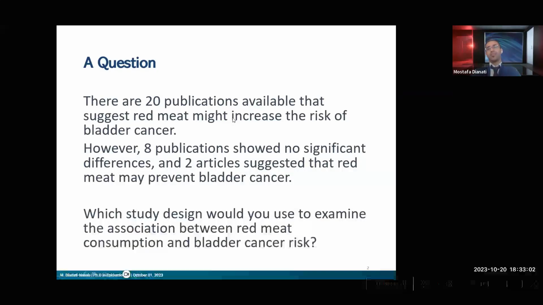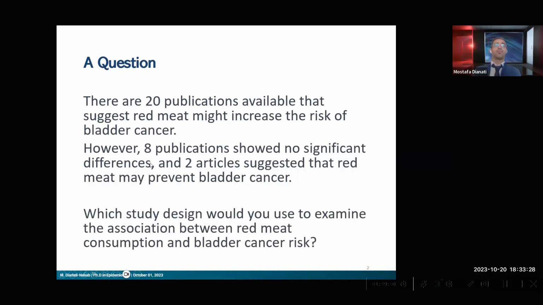Okay, guys, I have a question for you here. Read it with me, please. Suppose there are 20 publications available that suggest red meat might increase the risk of bladder cancer. So here we have 20 publications saying red meat is increasing bladder cancer. However, 8 publications showed no significant differences.